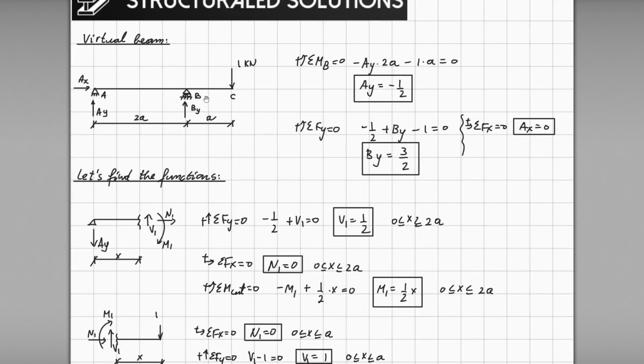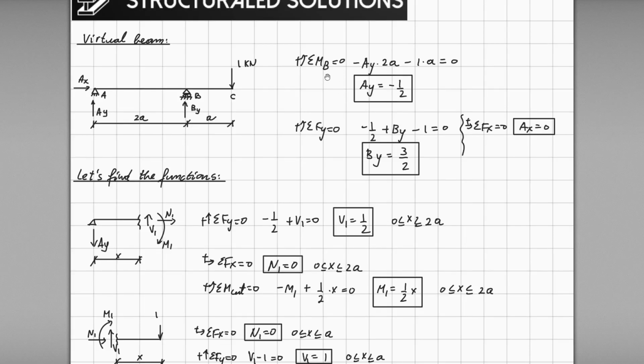Next, let's continue to the virtual beam. As the task requires us to find the displacement at point C, we have to apply a unit load at this location. As previously, we solve the structure by finding the support reactions using the equilibrium equations.